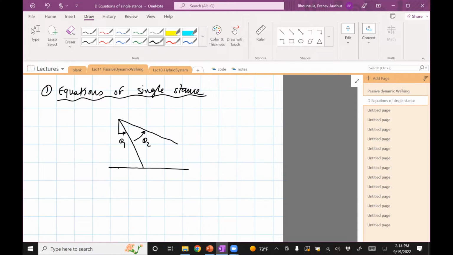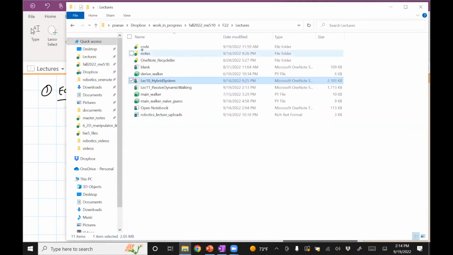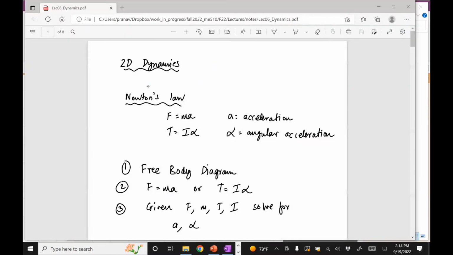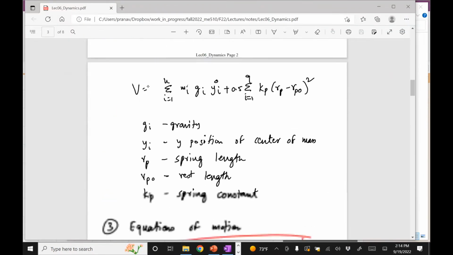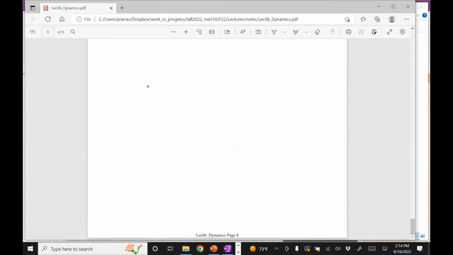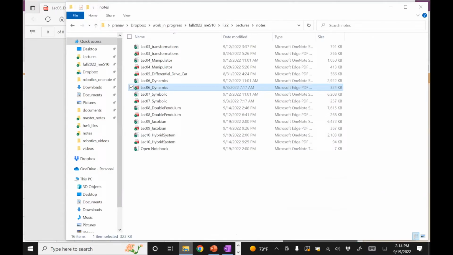So θ2, normally, if you look back to a double pendulum, I usually take, just pull that up. So if you look at the double pendulum, right here.